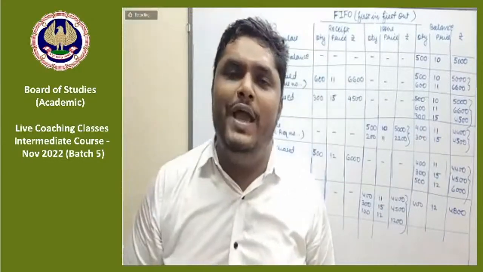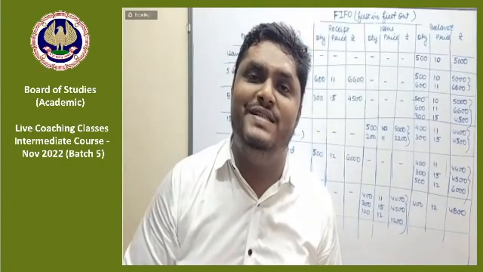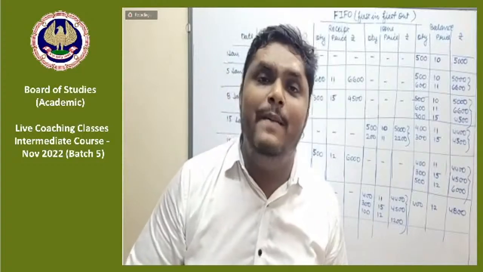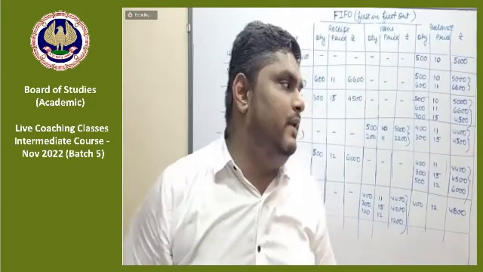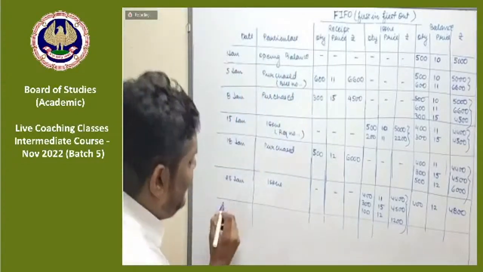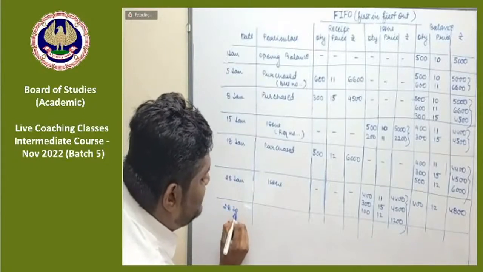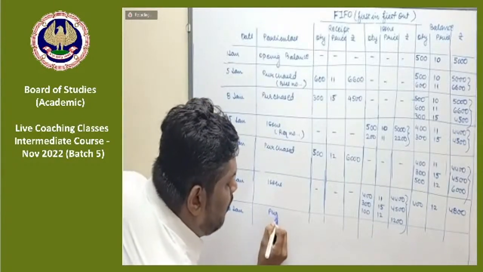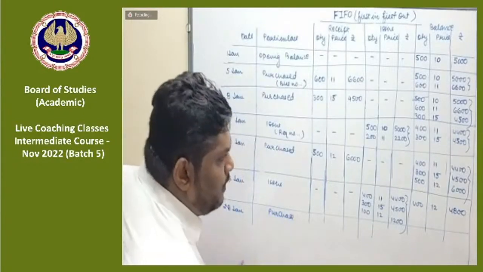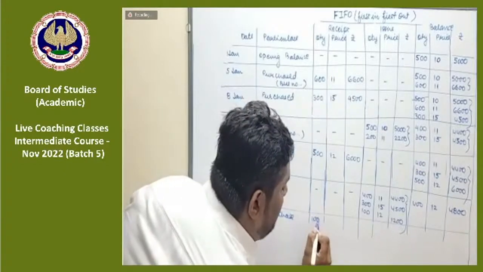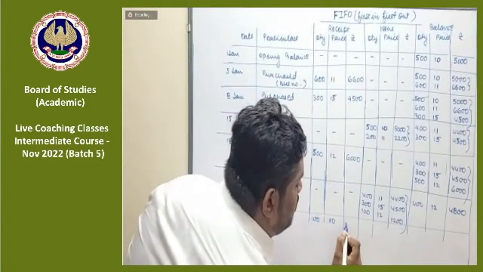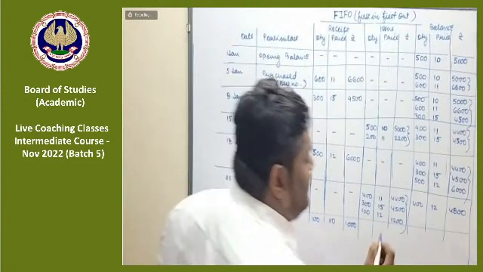So I hope you guys are now thorough with how to present if the examiner asks us the FIFO method. Let's say on 28 January there is again a purchase of 100 units at the rate 10. So the total amount will be 1,000.